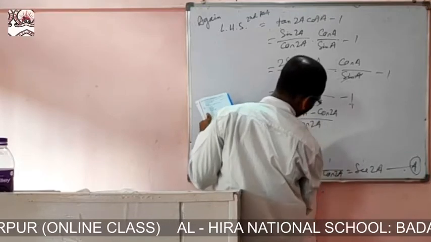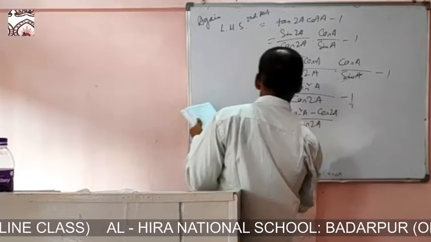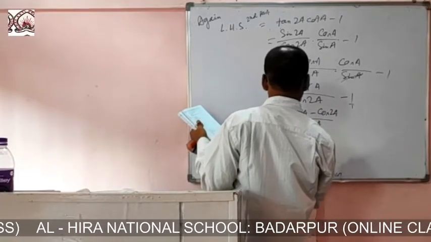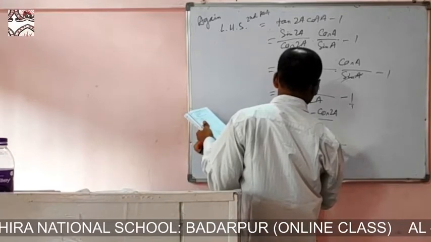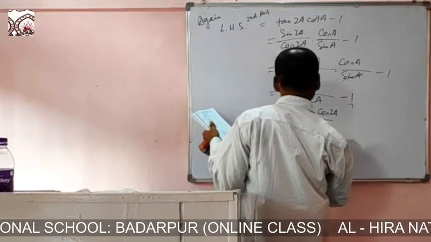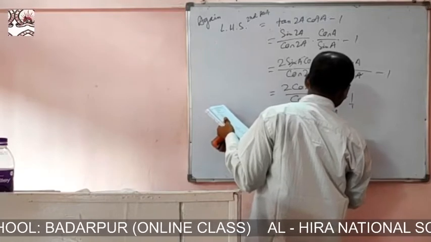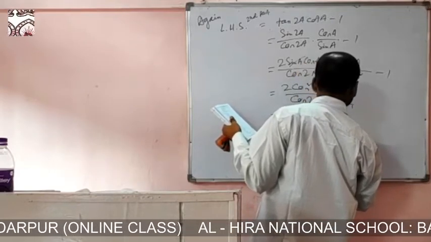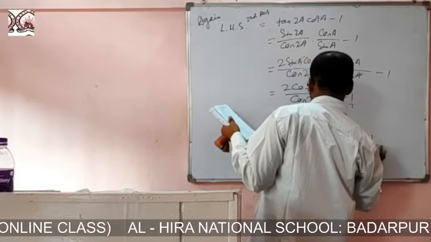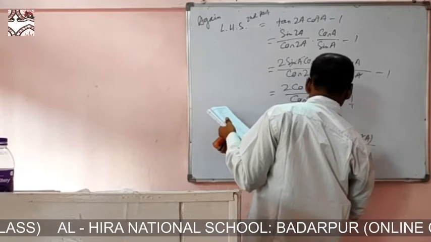So this one is twice cos square a, and this cos 2a we can write as cos square a minus sin square a by cos 2a.